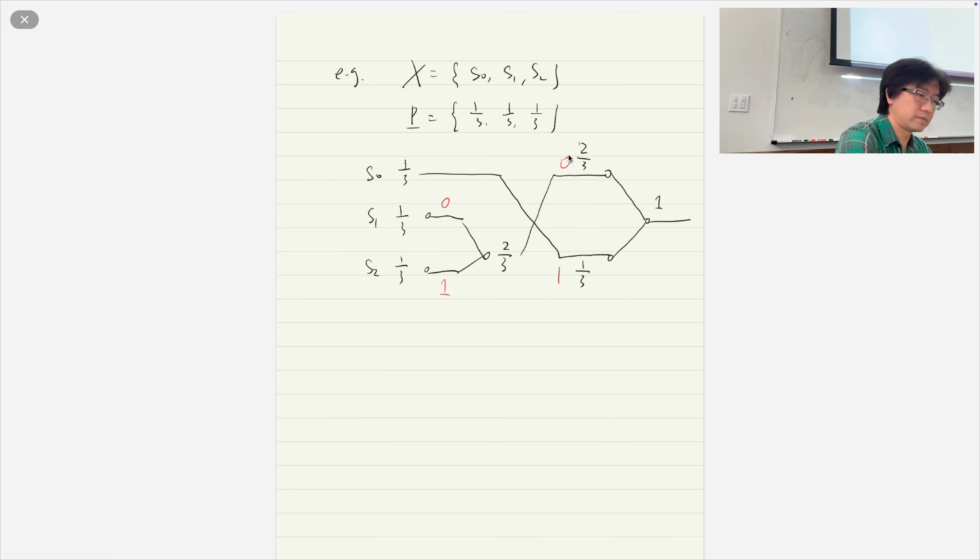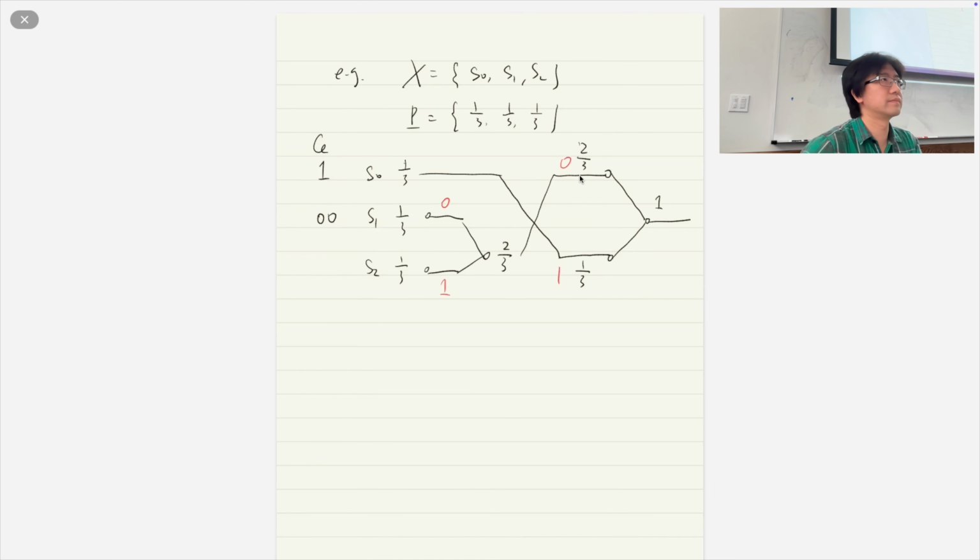Let's see the first one: we go from here, it's just 1. The second one is here and here, so it's 0 and 0. And the last code is 1 here, 0 here.